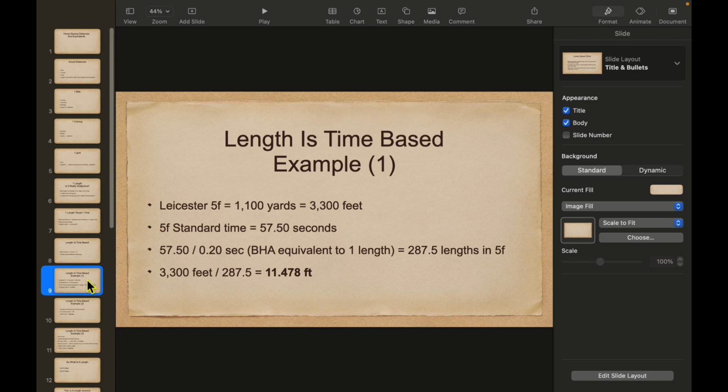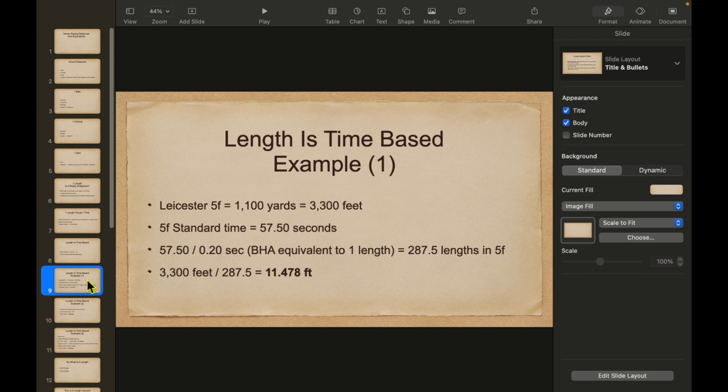Okay, so let's work this out. If a length is equivalent to 0.2 and is time-based, at Leicester over 5 furlongs, which is 1,100 yards, which also is 3,300 feet, the standard time over 5 furlongs at Leicester is 57.5 seconds.